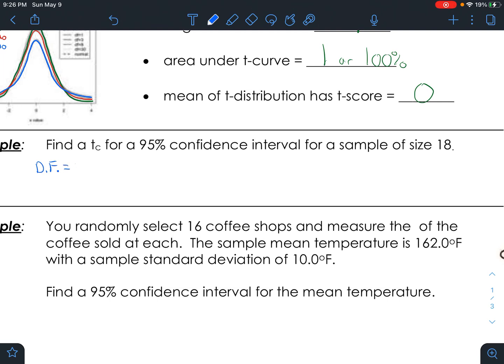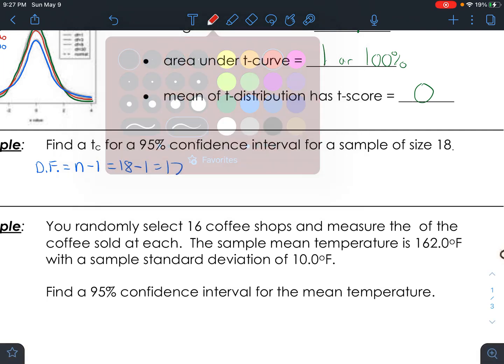Our degrees of freedom are the sample size minus 1. In this case, our sample size is 18, and 18 minus 1 is 17. Awesome. Now we want to figure out what our t sub c value is, our t-score value, for a degrees of freedom of 17.